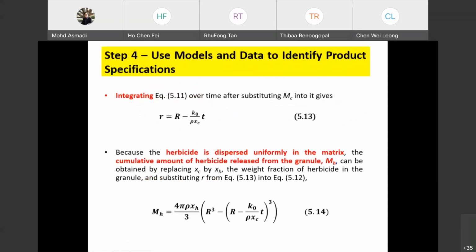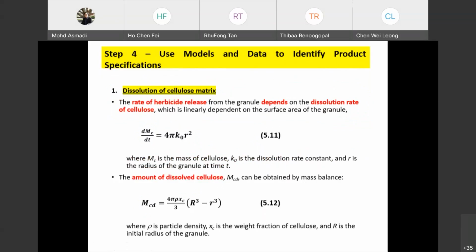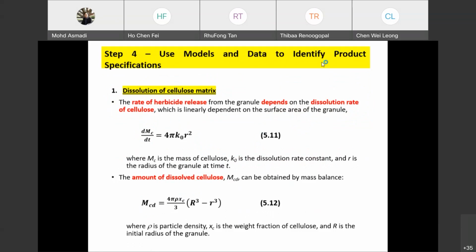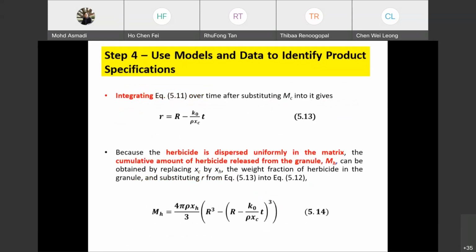So from this one, we can get R equal to, after integration, 5.11, right? So just substitute this equation, substitute this 5.13 into 5.12. So this we use a model. You substitute into this equation, and then we can get the MH, the cumulative amount of herbicide released from the granules.